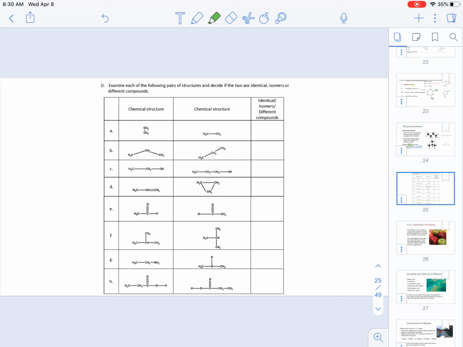So to do these problems, these are the steps that you need to follow. Number 1, determine the chemical formula for both compounds.